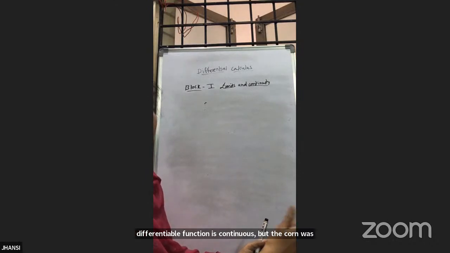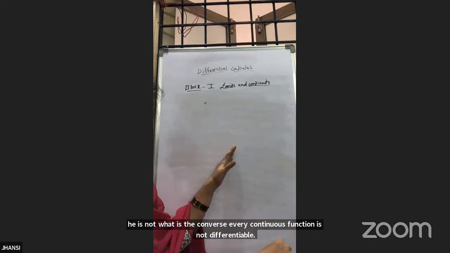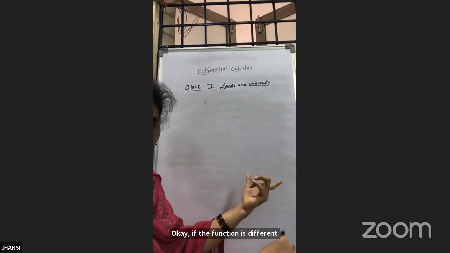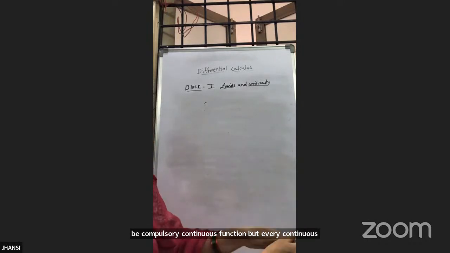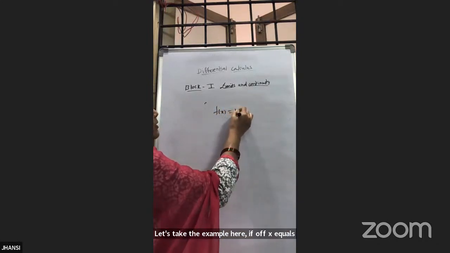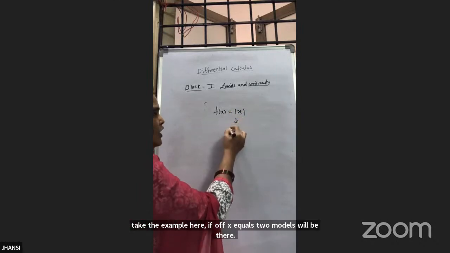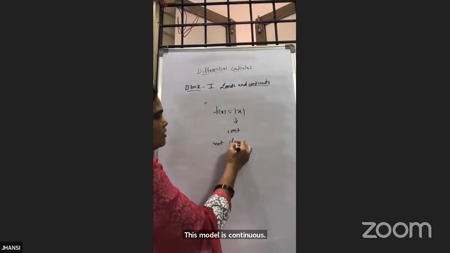What is the converse? Every continuous function is differentiable. If a function is differentiable, it is compulsorily continuous, but not every continuous function is differentiable. You can take the example f of x equals mod x. This mod x is continuous, but it is not derivable.